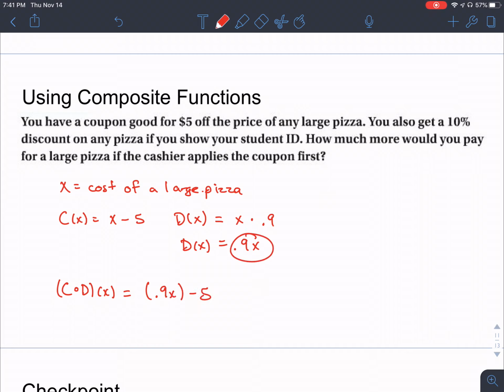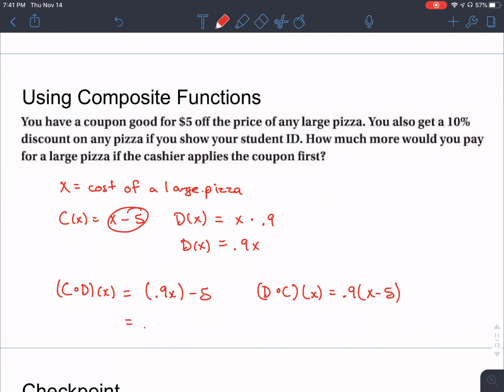All I'm doing is taking this and I'm plugging it into the x value here. That's all. The other way would be d of c of x. And if I were to do that, I would end up with plugging c of x into the x here. That would give me 0.9 multiplied by x minus 5.